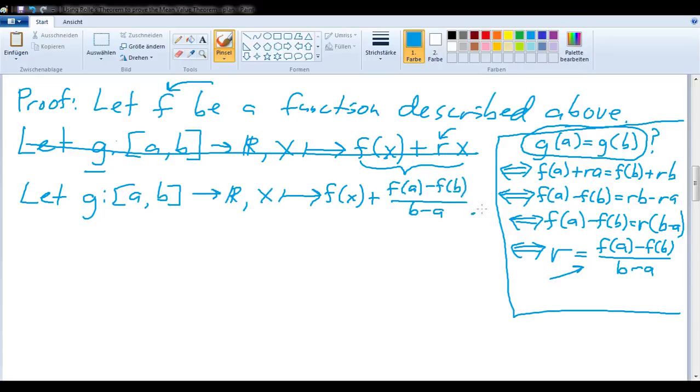So that will solve our problem, because we know that when that is the case, then we have g of a is equal to g of b.